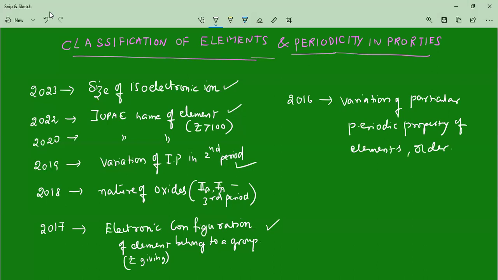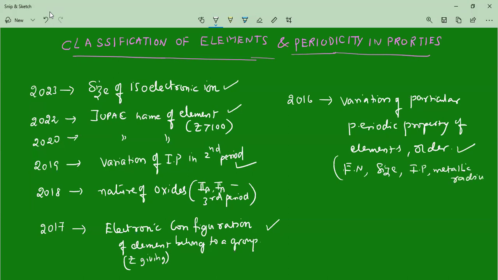The property may be electronegativity, size, or ionization potential, or it may be metallic radius, like an increase in metallic radius.